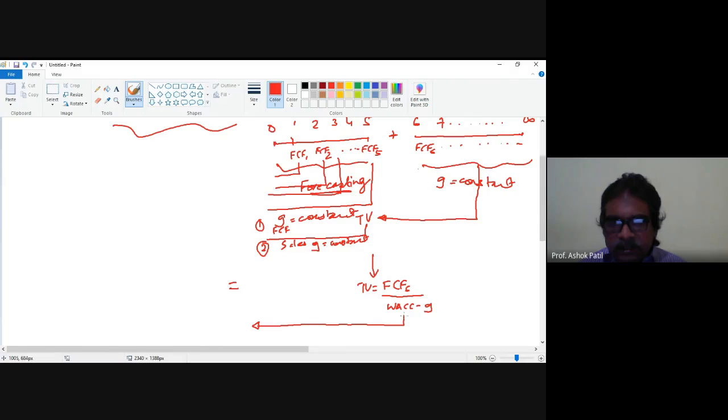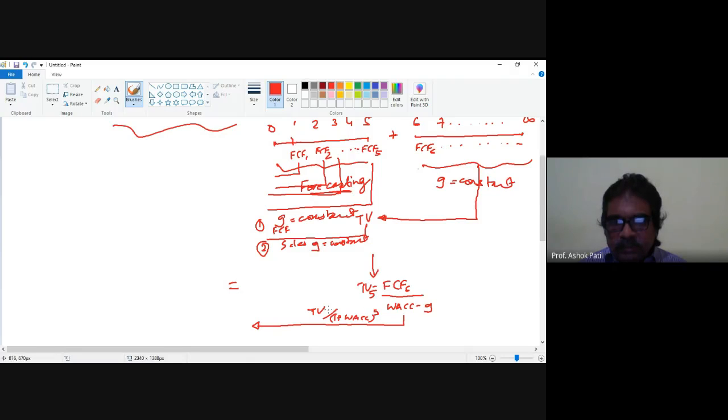But now here, it's only one cash flow and there is no annuity case. So since only one value has to be taken in the beginning, we will divide TV by (1 plus WACC) raised to 5, because we know that the TV is at the end of the 5th year.